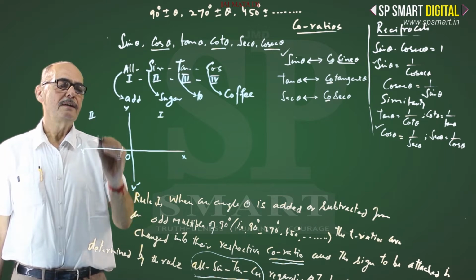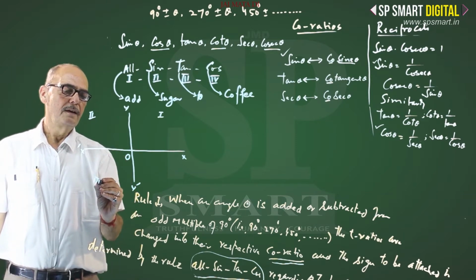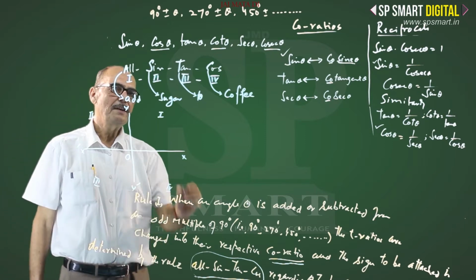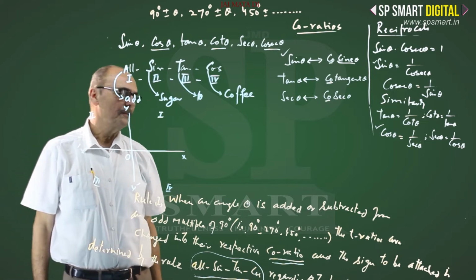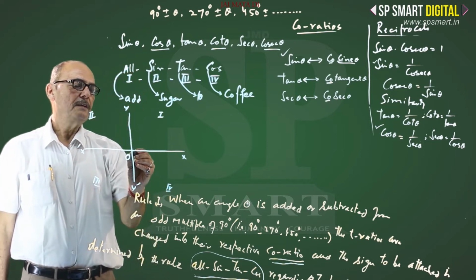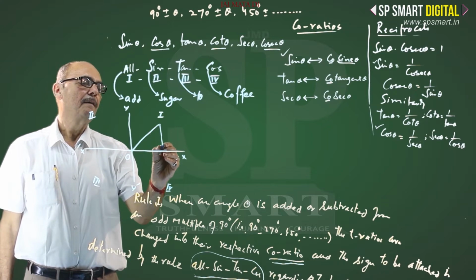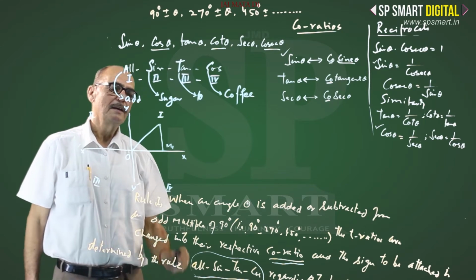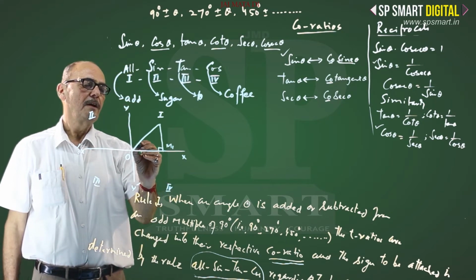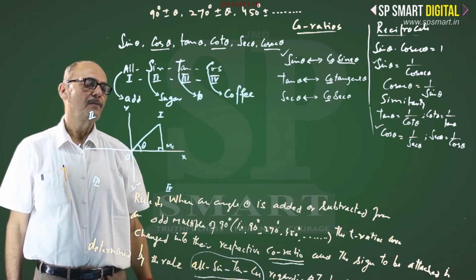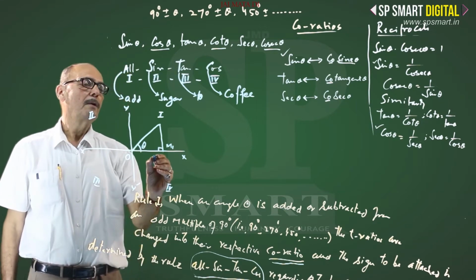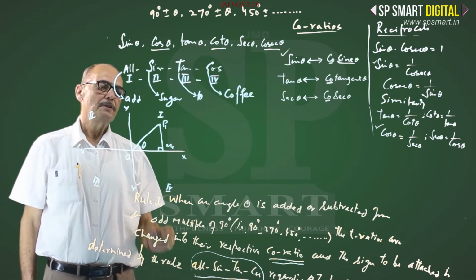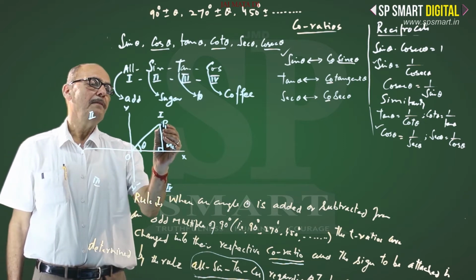This is the second quadrant, this is the third quadrant and this is the fourth quadrant. When we say all trigonometric ratios are positive in the first quadrant, we draw this right angle triangle. M1 would stand for the first quadrant. This is a right angle. Consider this angle as theta. So, we have here P1, a right angle triangle OM1P1.